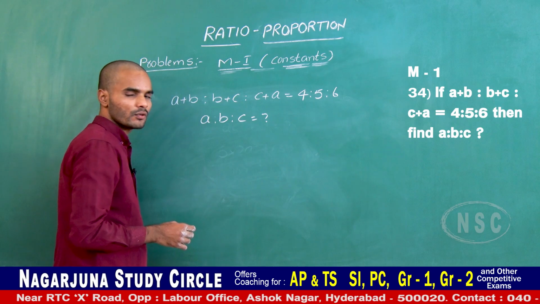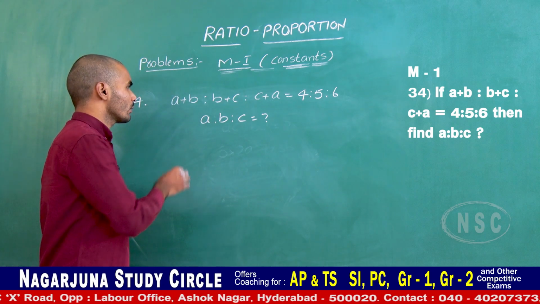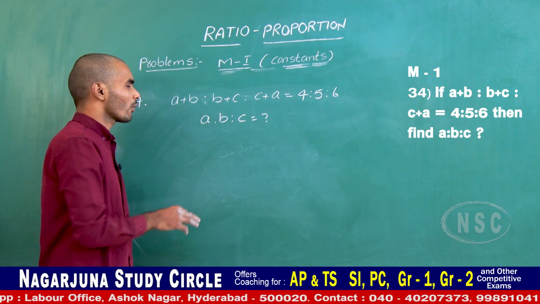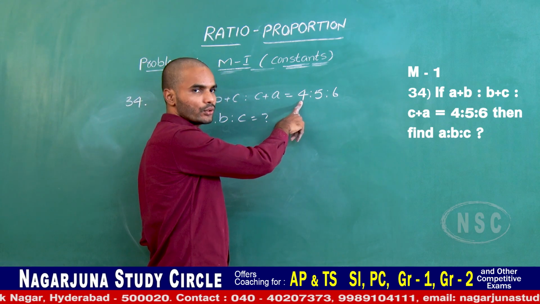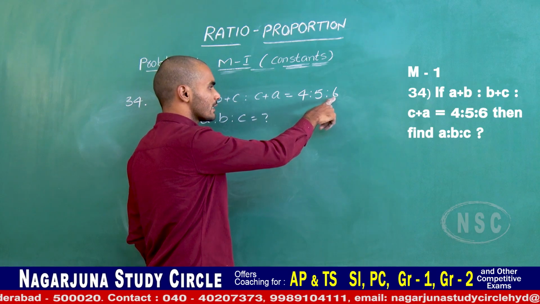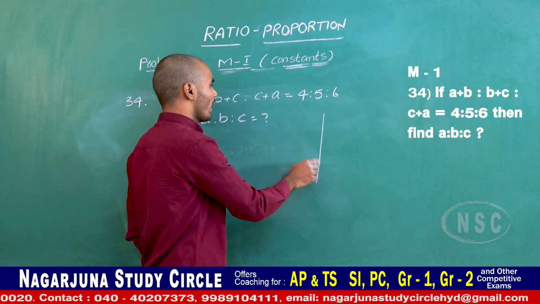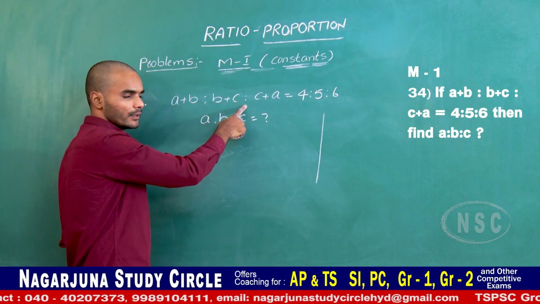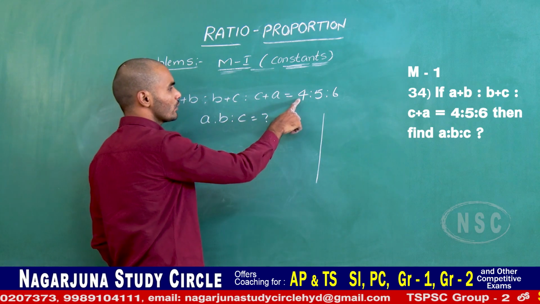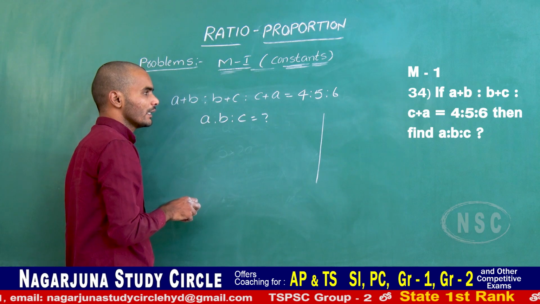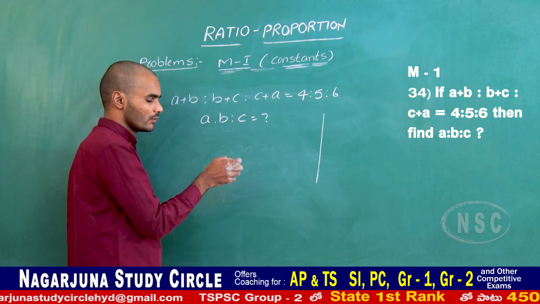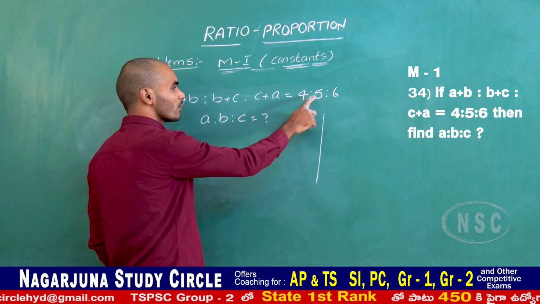In this type of question, don't go through the process, because 4 is a ratio, 5 is a ratio, 6 is a ratio. If you want the values of A, B, C, remember ratio is different from values. These are not values, these are only ratios.